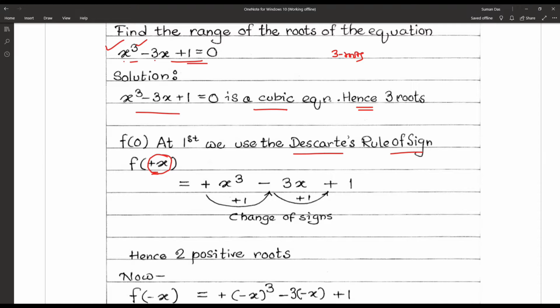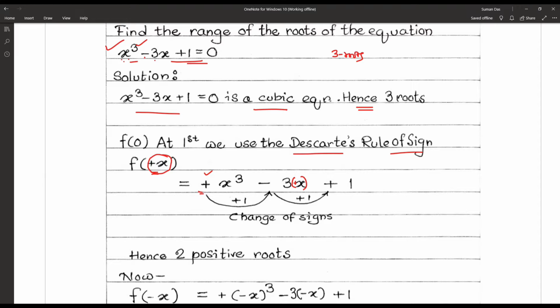Now when we are using the positive x, that means plus x whole cube, so that becomes plus x cubed minus 3 plus x, that means minus 3x plus 1. Now check the change of sign.